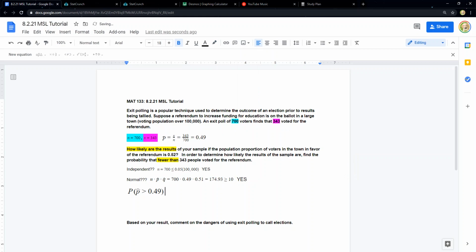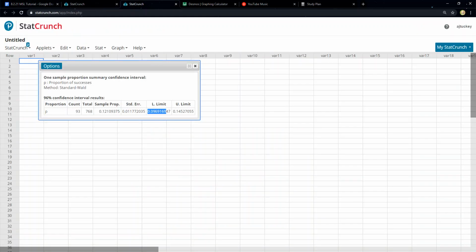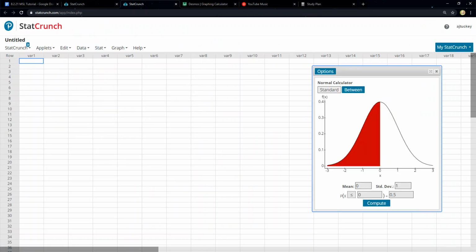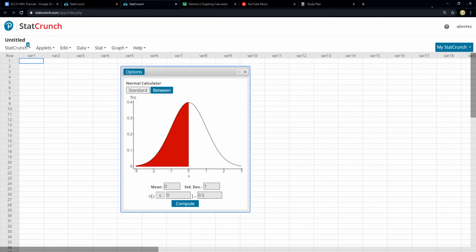Okay, now when I go to do this, I want to use my StatCrunch probability calculator. So I want to be able to go to Stat, Calculators, and Normal, and use that calculator. The problem is that, for this particular one, I'm doing a fewer than, so it's going to be a less than. If you're doing a more than, you'll make it more than. So that's all well and good. The problem is I need a mean and a standard deviation, right?